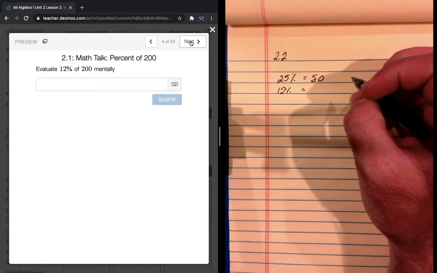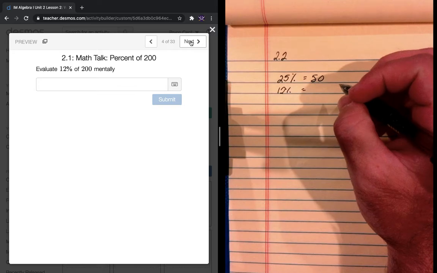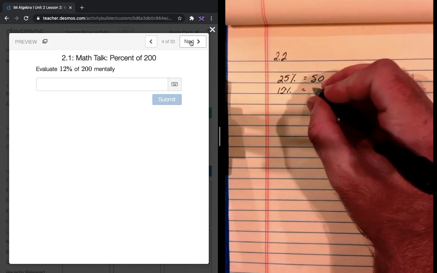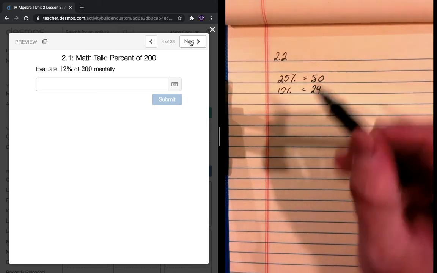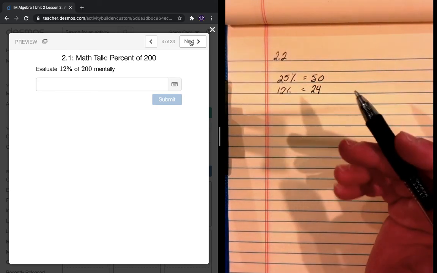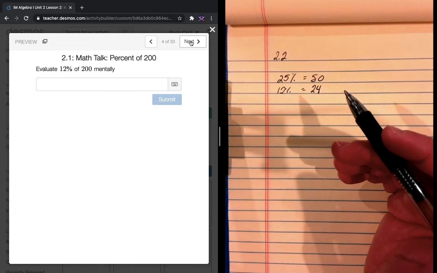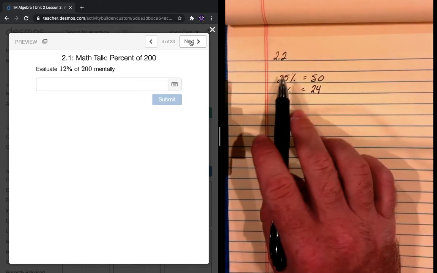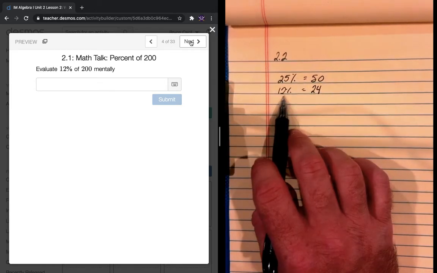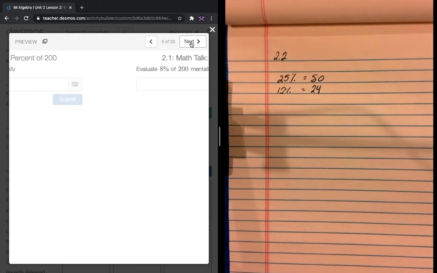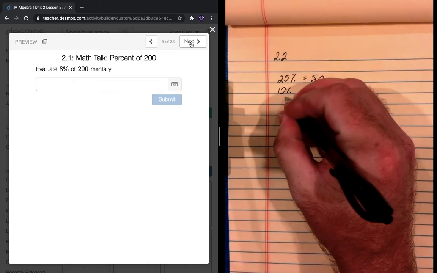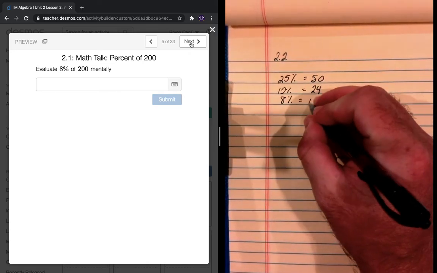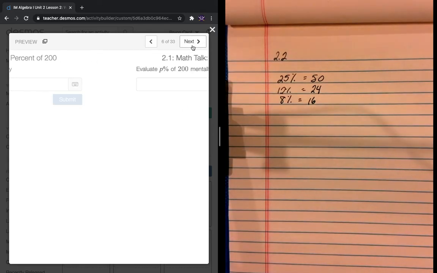Well, we know that 10% is 20 and 1% is 2, so it's 24. Or if you notice that 12% of 100 is 12, 200 would be double that. So notice how we had 25 and 50, 12 and 24. So automatically, if we have 8, 8's going to be 16.